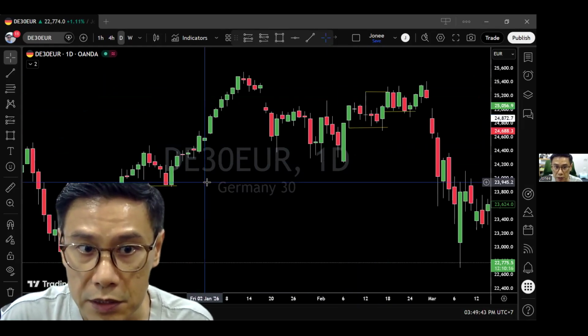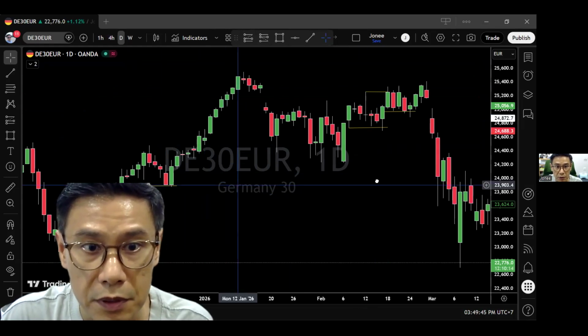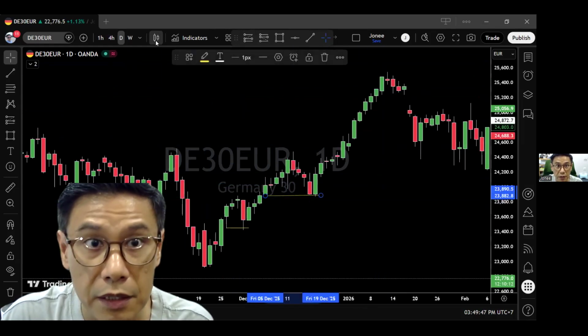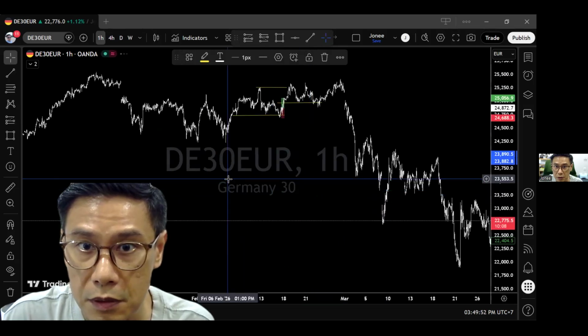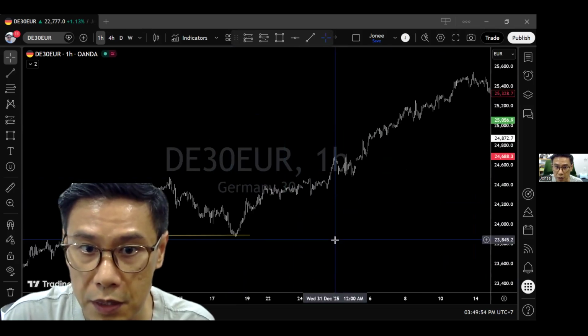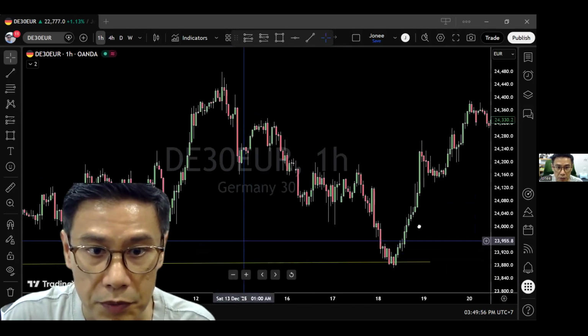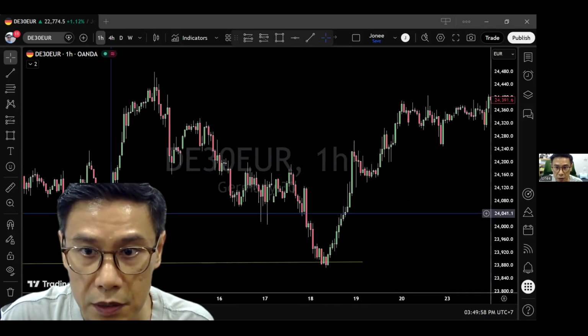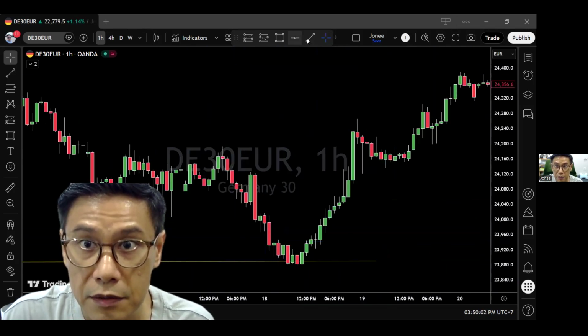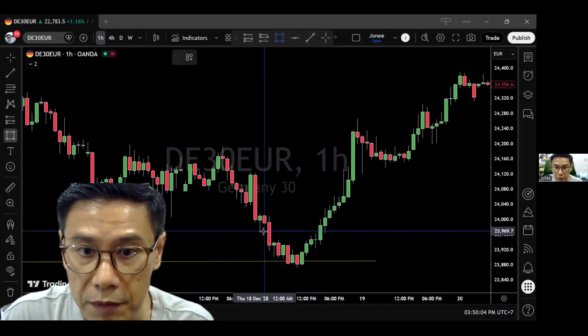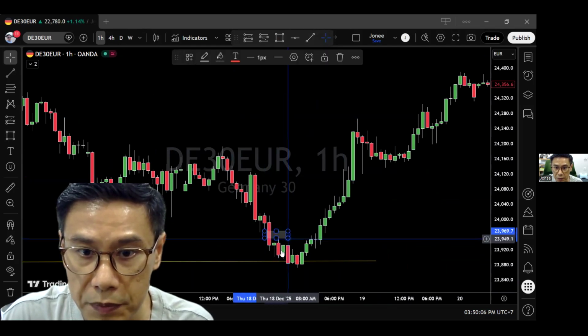Okay, so let's take a look at some other examples, like this example right here. Let's go to that. Okay, right here. So previous daily low has been swept. We identify that there's a fair value gap that delivered price to that sweep.